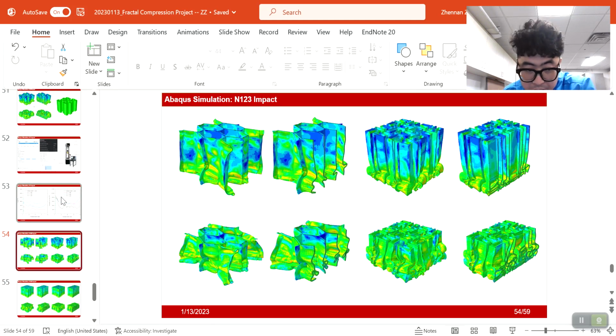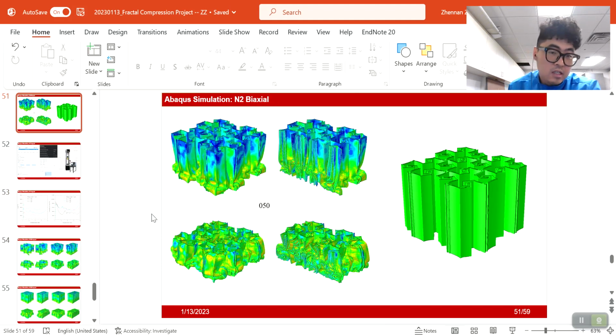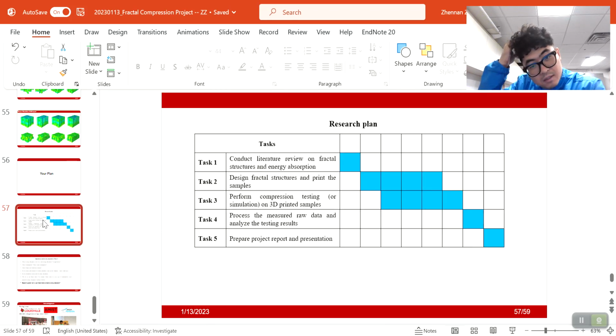Yeah, I think for your project, if you are determined to join this project, we can talk with Dr. Chen and print some samples based on the basic idea from the simulation results, and we can do the experiment. It's a research plan.